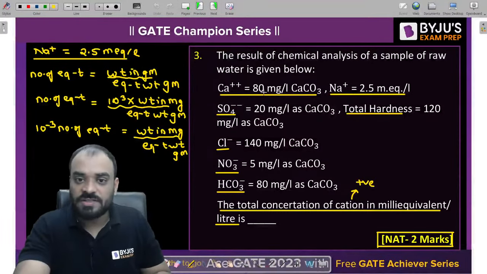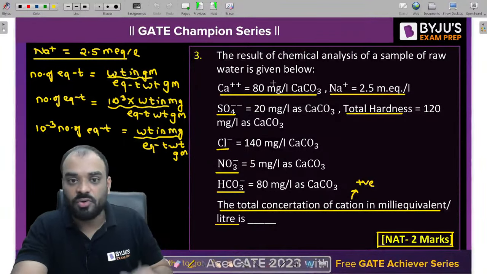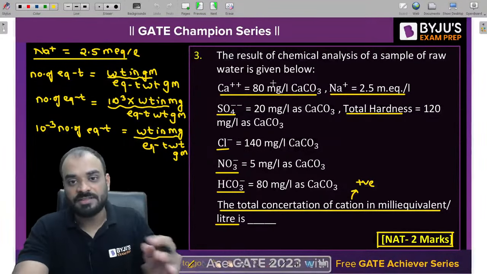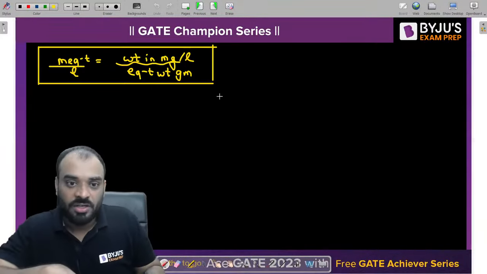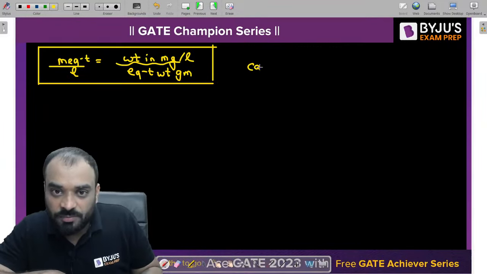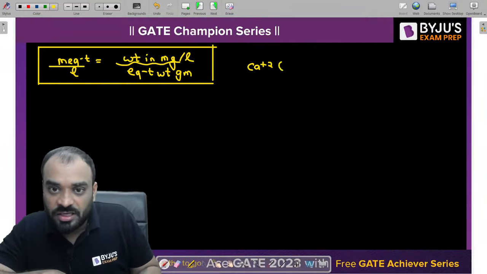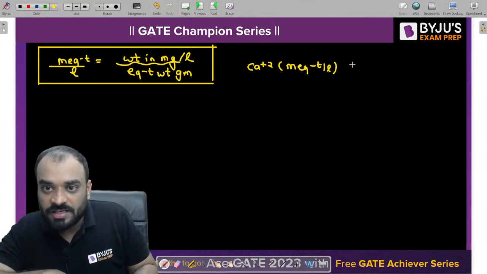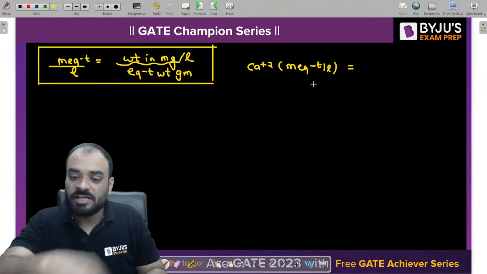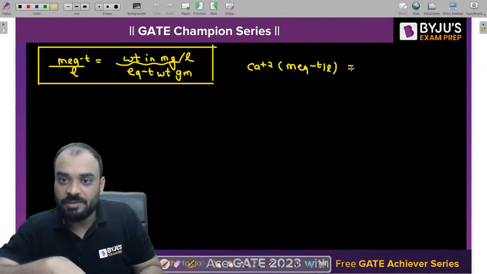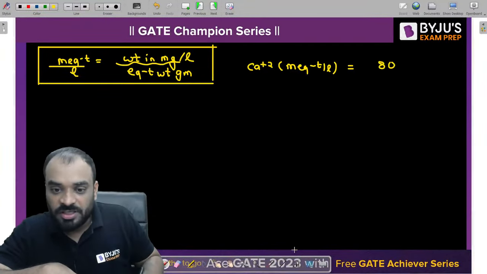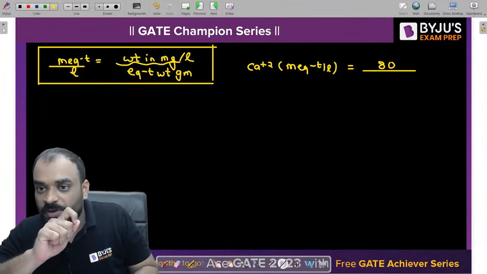But our first task is to convert this calcium ion concentration into milli equivalent per liter. The concentration given to us for calcium is in terms of CaCO3. So how can we convert this calcium plus 2 ion concentration to milli equivalent per liter? You need to write weight in milligram per liter, which is 80, divided by an equivalent weight.